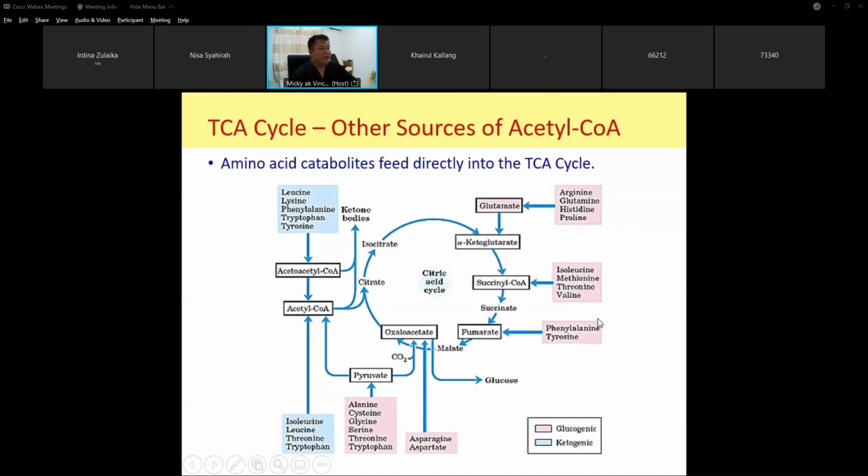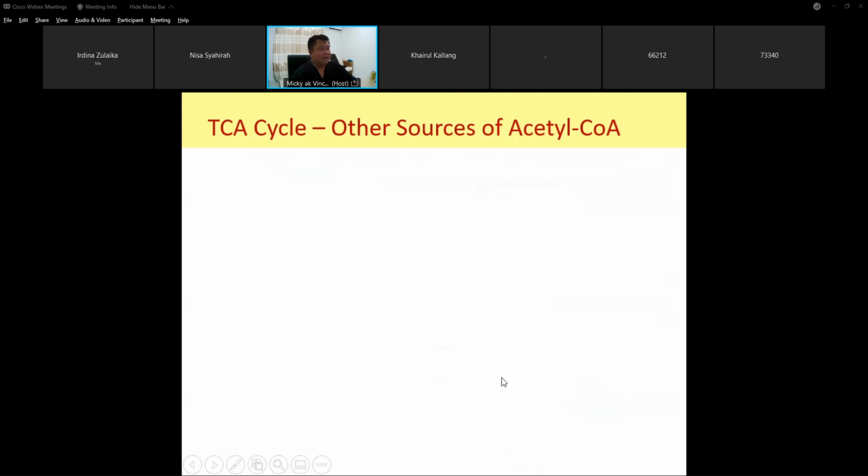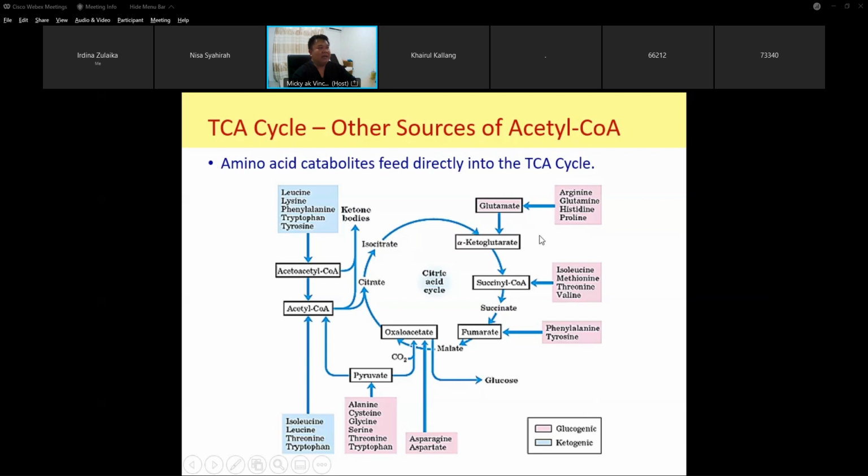This is one example from fat, from carbohydrate, and from protein. Now this slide that I'm showing now has more specific examples. Contohnya from arginine, glutamine, histidine, proline. These are all your amino acid.